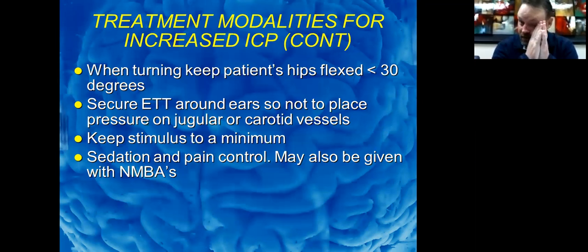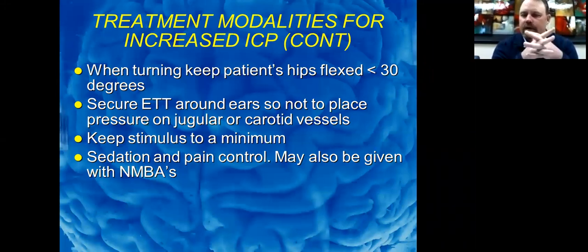Typically, you want to keep the leg straight. If you flex their hips, it actually increases intracranial pressure when you're turning the patient. The reason why is it increases thoracic pressure as you roll the patient. And increased thoracic pressure decreases venous return and would thereby increase intracranial pressure.